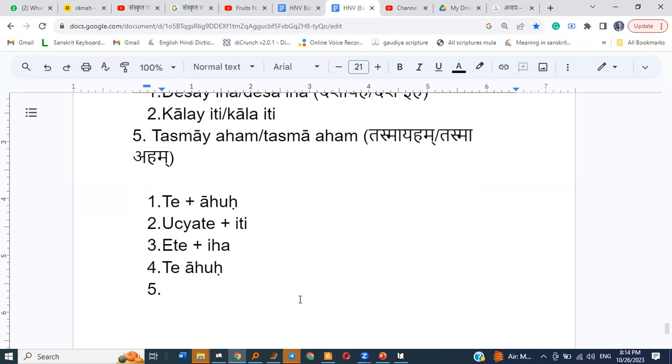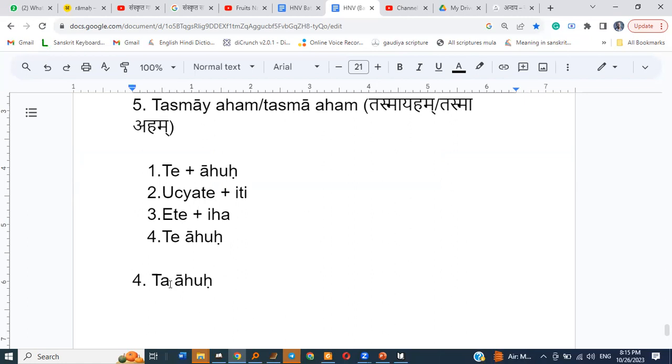Actually, like e becomes ai and o becomes au. Ya and va get deleted. So now let's say here in the fourth one is written te ahu, like in the question bank. So it could have been tav or tai, right? How do we know what it is?